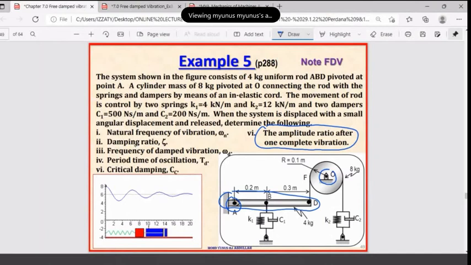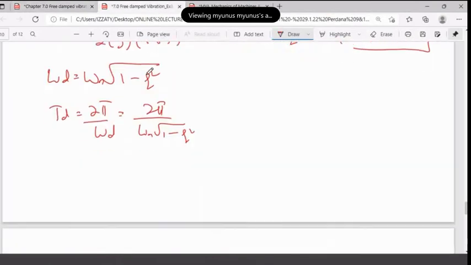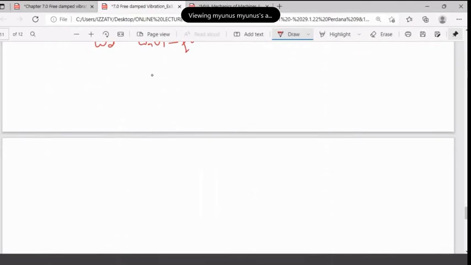Critical damping shouldn't be a problem. I'm not going to do critical damping. So the amplitude ratio will be after one complete oscillation. So you will be using here this equation, equal to 2 pi n zeta over the square root of 1 minus zeta squared.